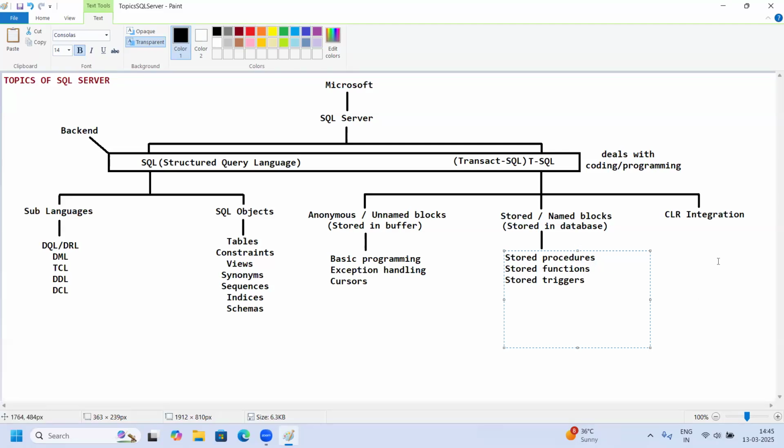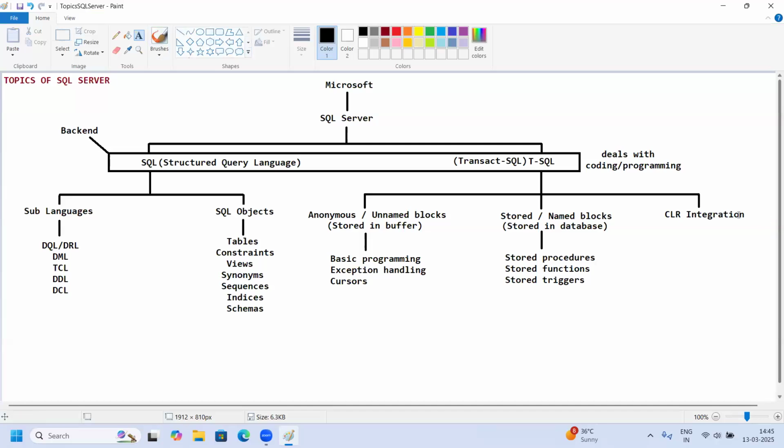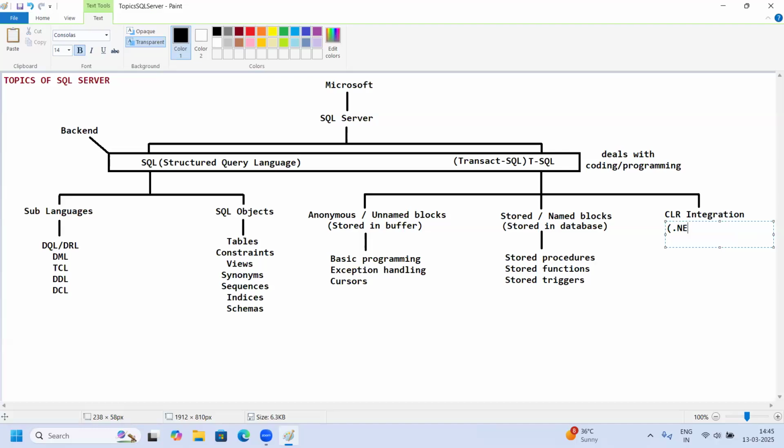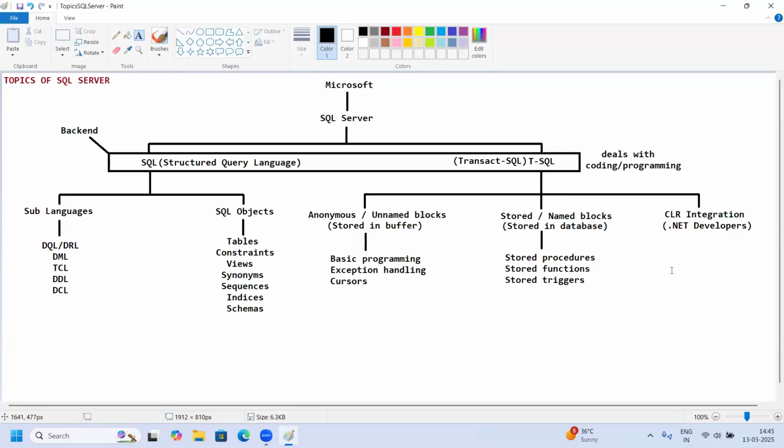Three. And CLR integration is provided for .NET developers. It's not our environment to deal with. This is for .NET people. That is the reason CLR integration is by default disabled.